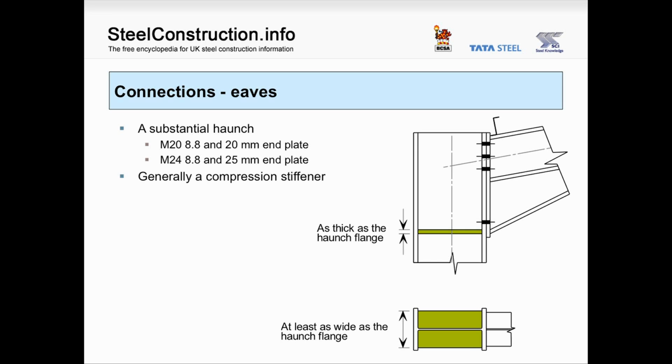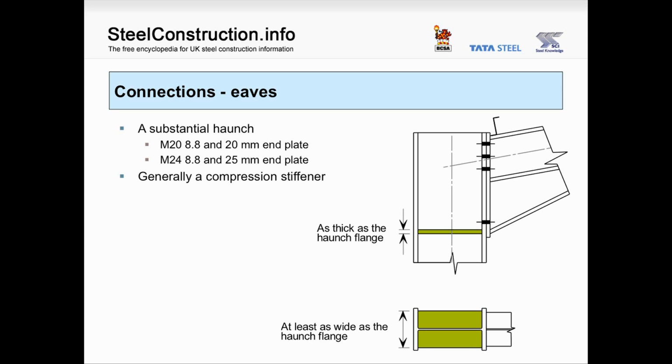Because a universal beam section is being used as a column, and because the bottom flange of the haunch applies a substantial load, it's likely that a compression stiffener will be needed to reinforce the web. The compression stiffener, as a rule of thumb, is at least as thick as the haunch flange and at least as wide.